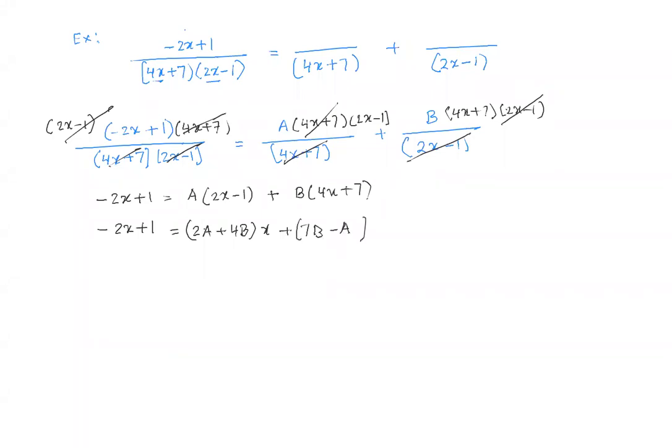Okay, and that's gonna give you negative a plus 7b is equal to 1, and 2a plus 4b is equal to negative 2. Match this coefficient with this coefficient and this with this. And I can divide this guy by 2. That's going to give me a plus 2b is equal to -1. And then add that to the other equation, -a plus 7b is equal to 1, right?